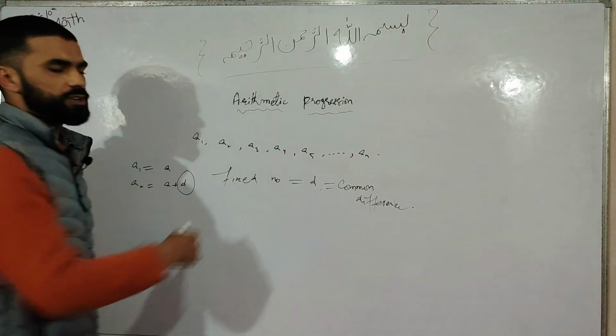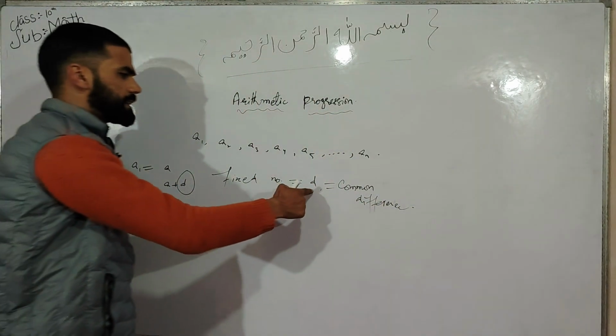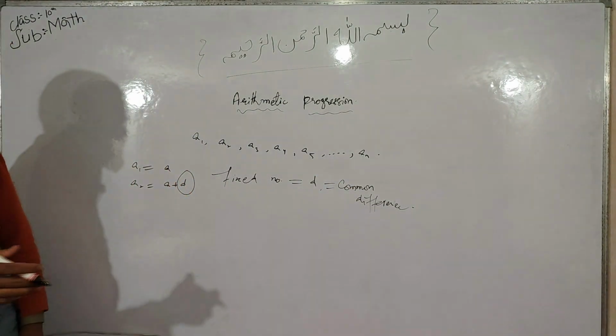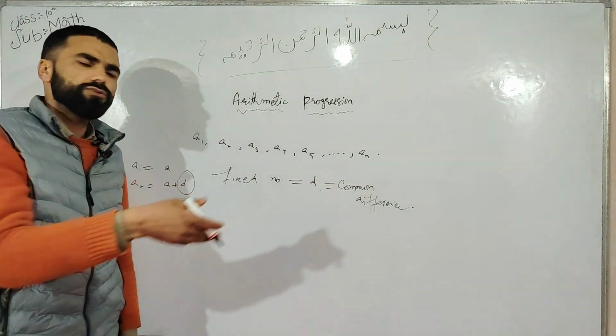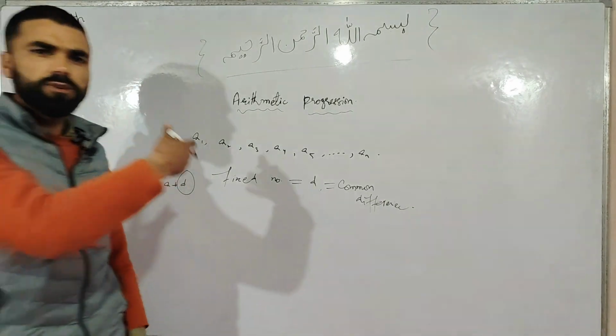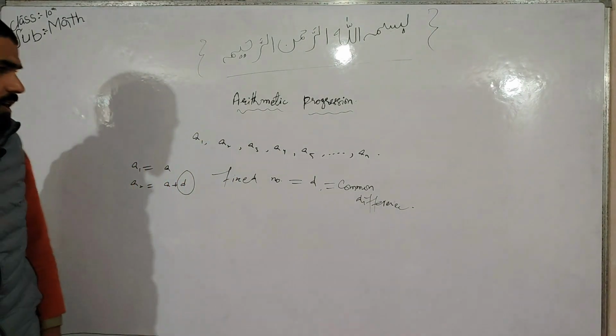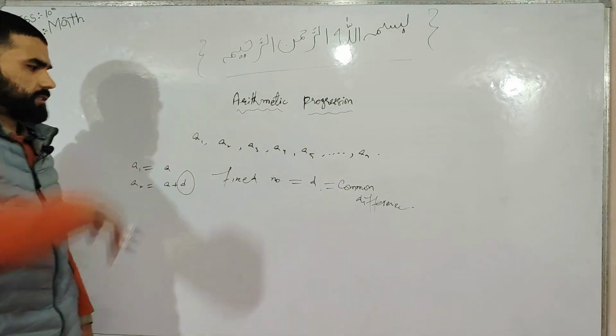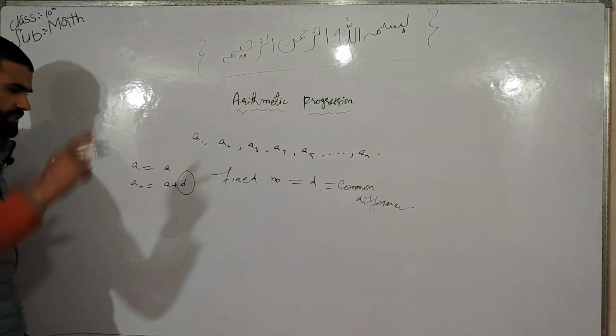The fixed number, we denote this fixed number by small d, and it is known as the common difference. So common difference is nothing but just a fixed number which we are adding to each term of the arithmetic progression, but except the first term, in order to get the succeeding term.